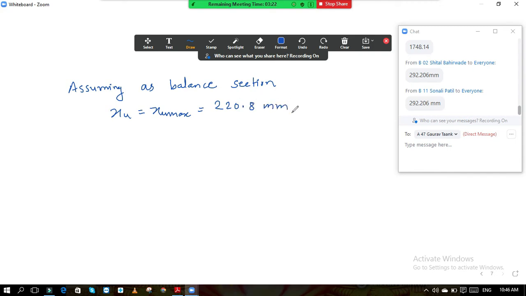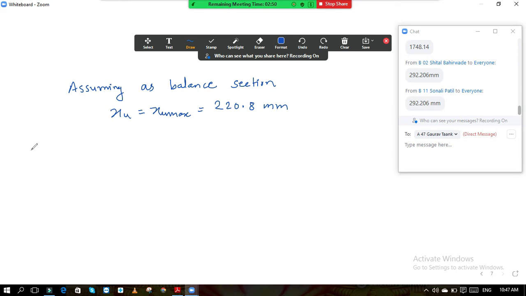In a balanced section we know that XU and XU max should be the same. So if you take the value of XU, which is 292, then this section becomes over-reinforced. We don't want an over-reinforced section. Remember this. Why have we not taken 292 here? Because if you take XU as 292, it will become over-reinforced. We don't want it. So we have assumed the balanced section and we have taken XU and XU max as 220.8, for the balanced section.